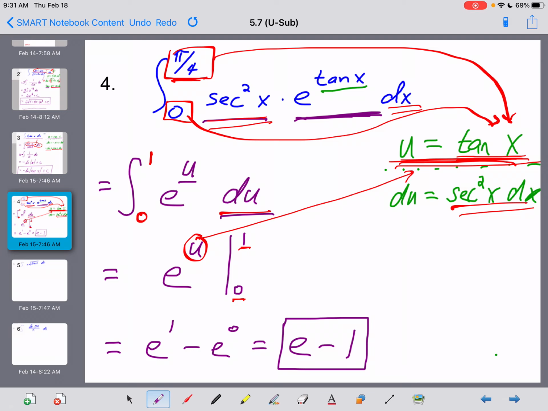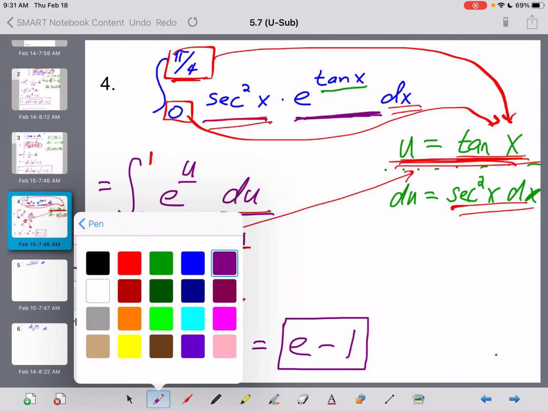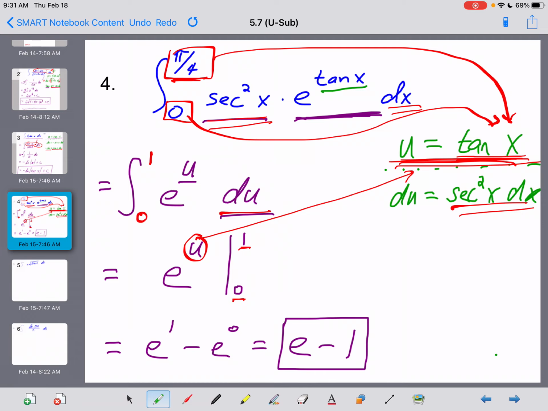The other thing you could have done, and it is 100% unnecessary, is rewrite this by resubstituting all of your u values back into x values. So you could have rewritten this as e, the u power now becoming tangent of x.